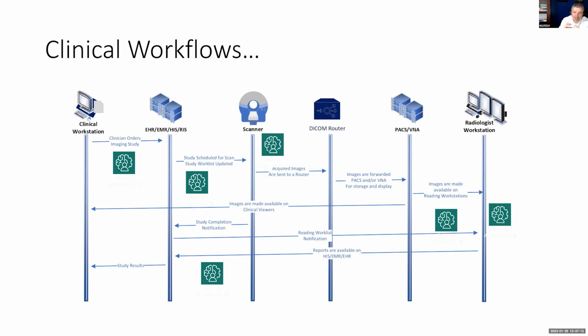That decision process is what triggers the whole event. And the whole loop is closed when the images are scanned and the reports are returned back to the EMR regarding what's happening in regards to this patient.